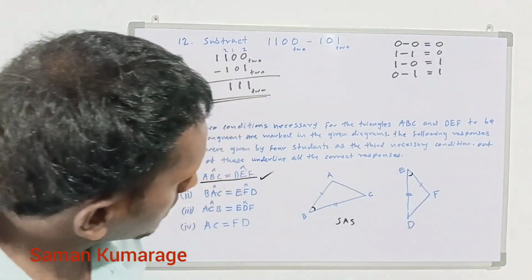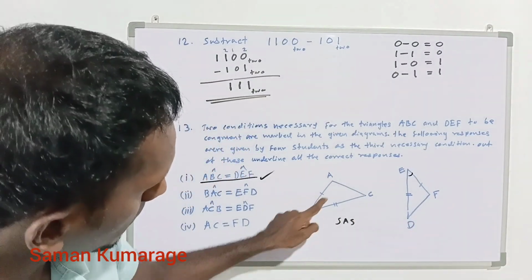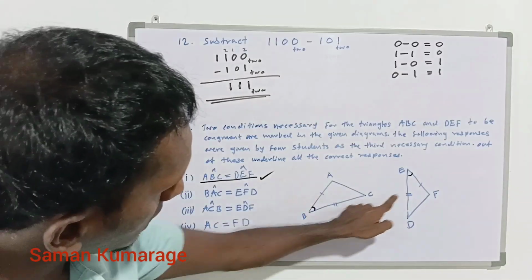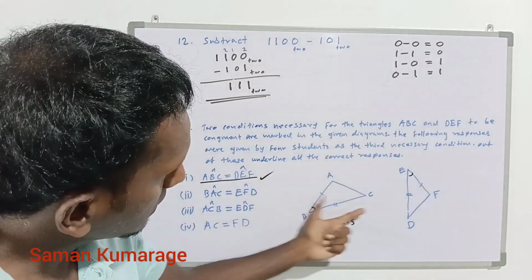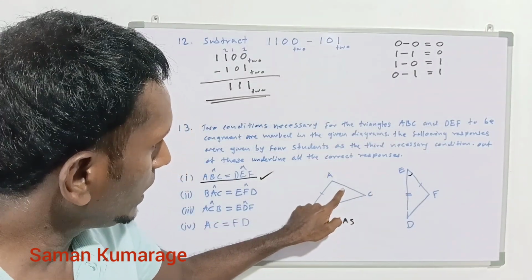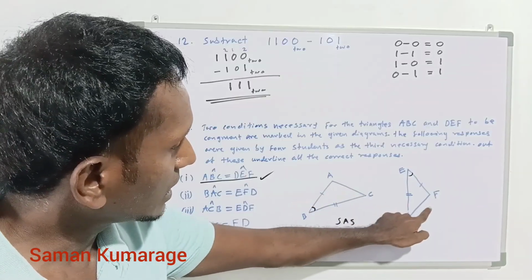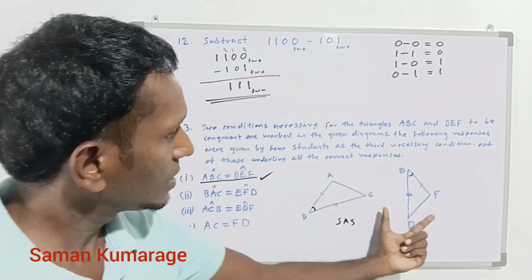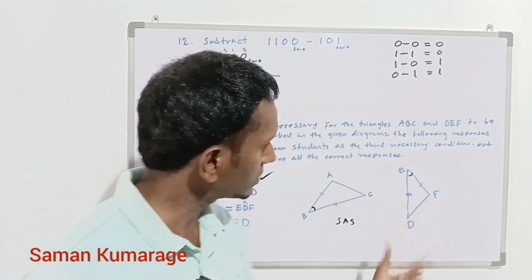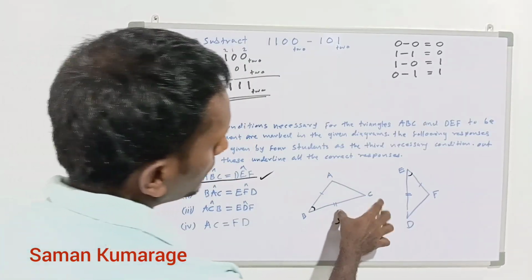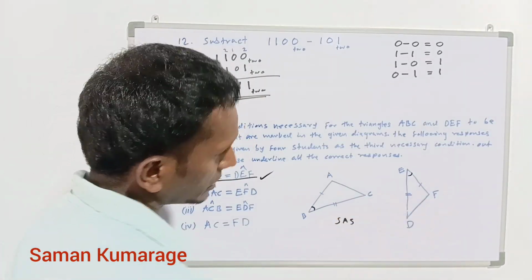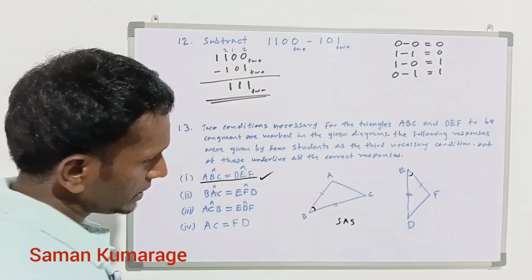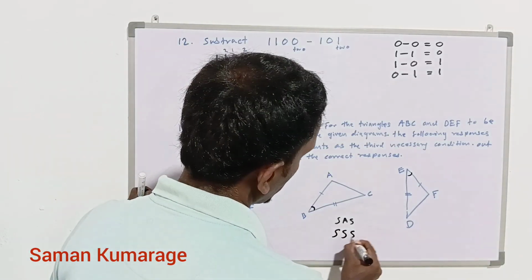If you carefully observe, two sides are equal. If we can make the remaining sides also equal, we can make these two triangles congruent under SSS.